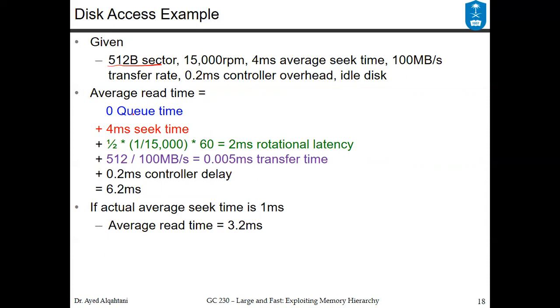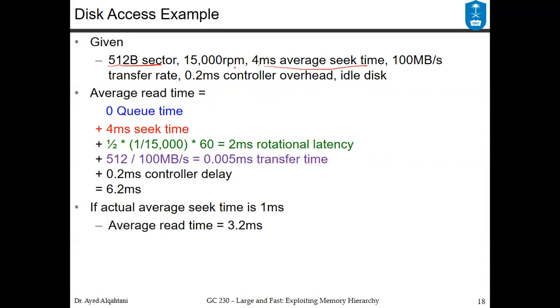Since there are no accesses before your current access, we will assume you have a 0 queue time. And you have a 4 millisecond seek time that was given to you here. That's the average seek time. And you know that the speed of rotation is 15,000 rounds per minute.